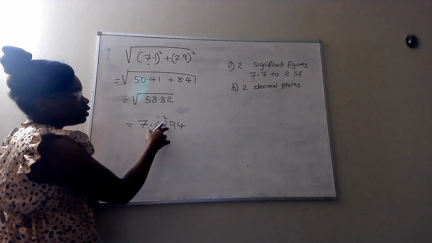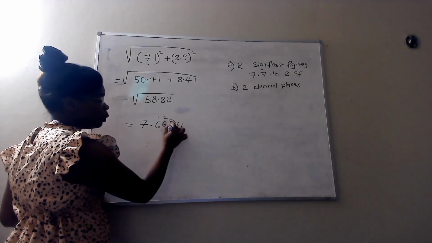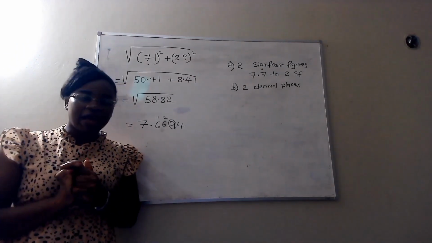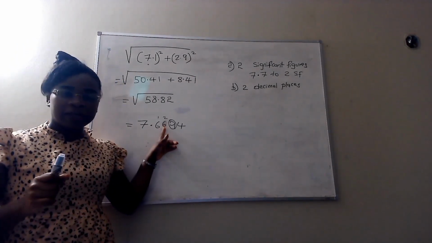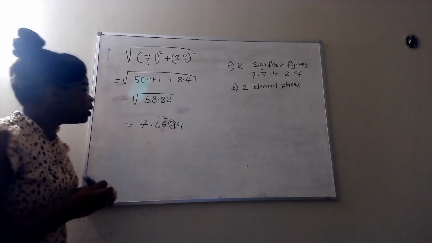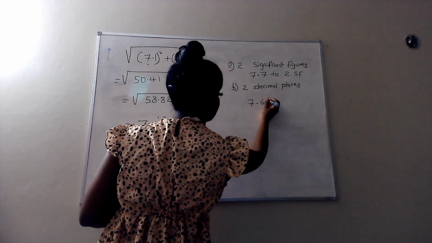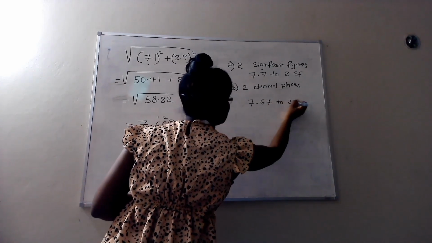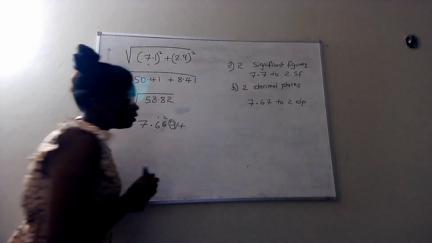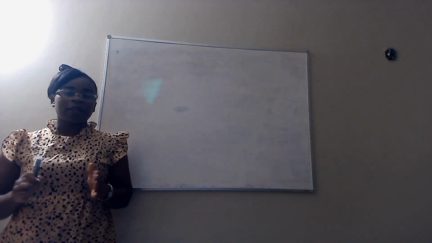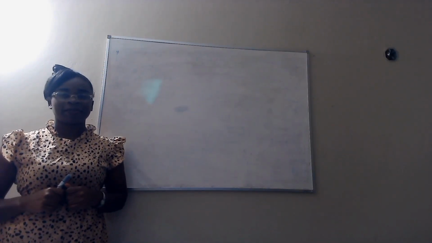However, because the number next to my second decimal place is greater than 5, I'll have to increase this by 1, right? So my answer will be 7.67, 2 decimal places, short for decimal places. And that's it. Okay, now let's move on to our second question.